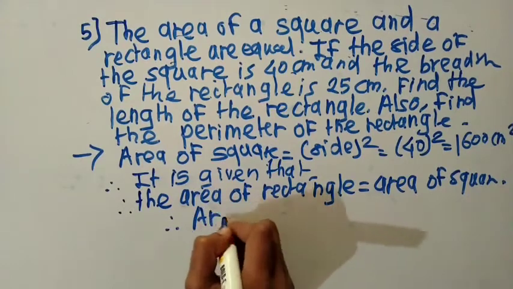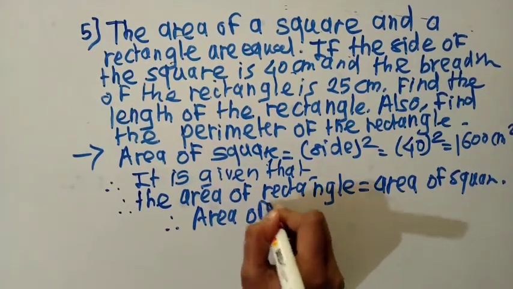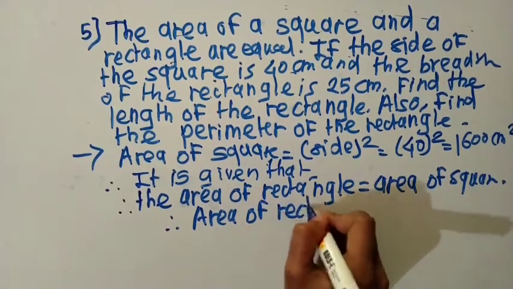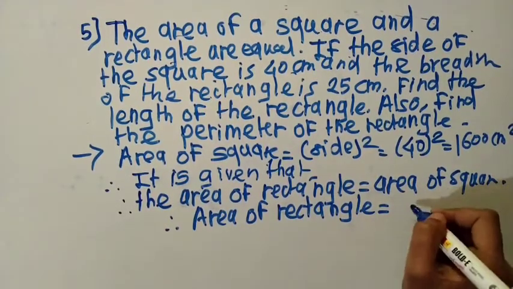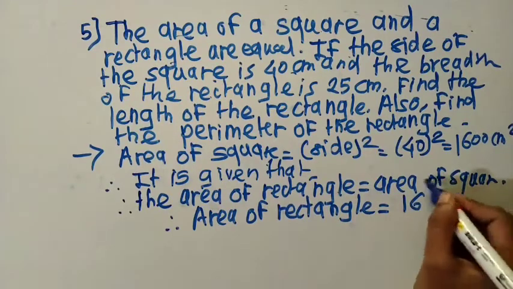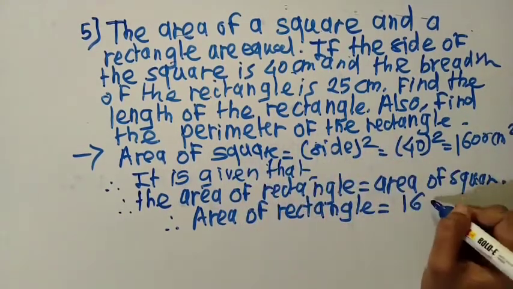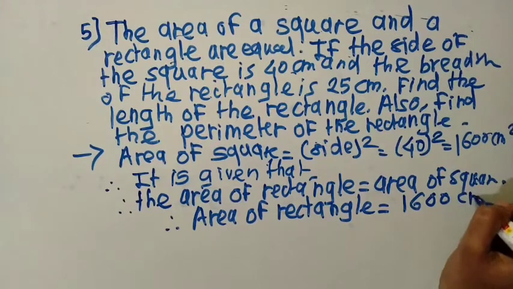Hence area of rectangle is equal to 1600 centimeter square.